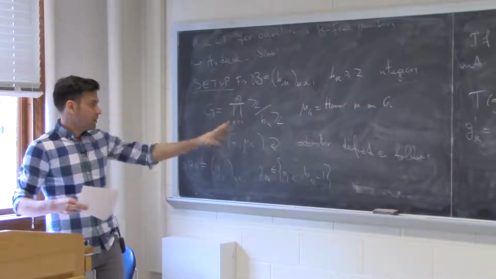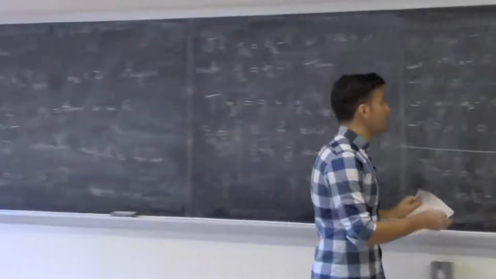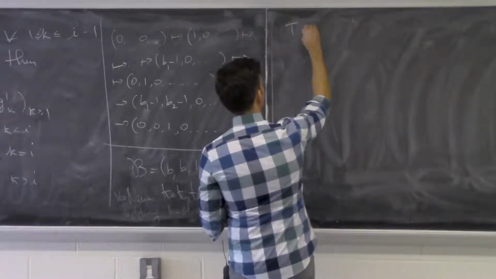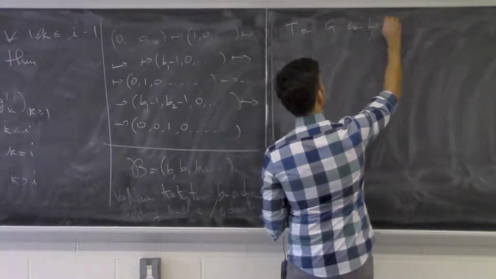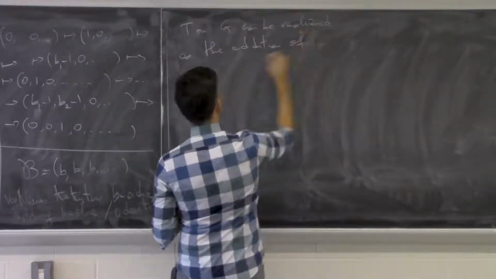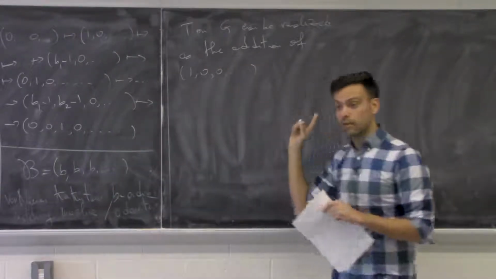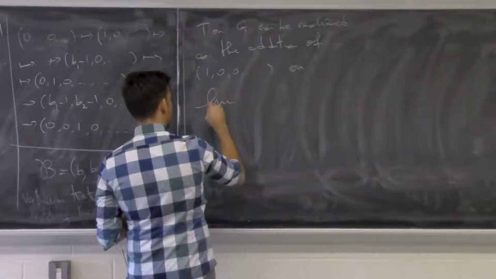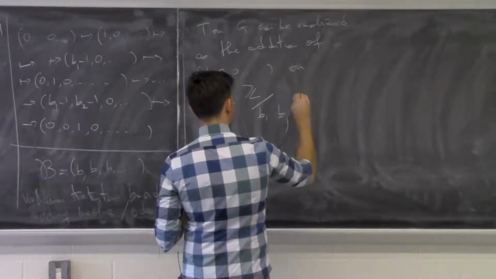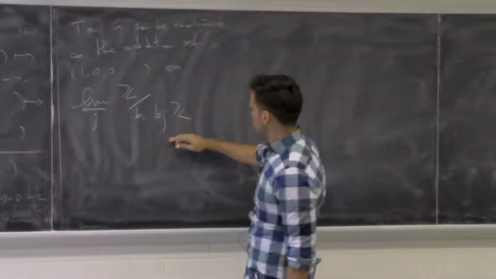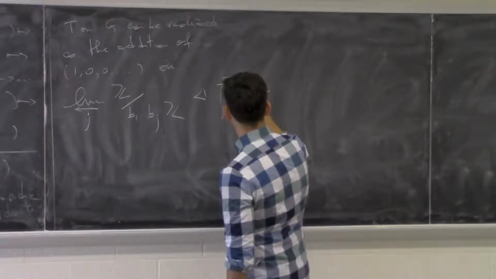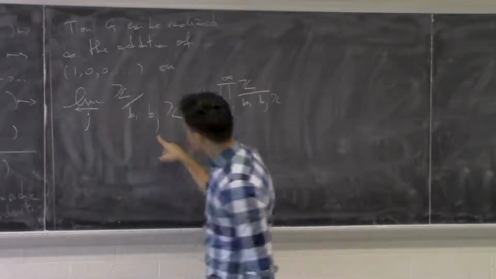Before I do that, I want to mention another couple of incarnations of this dynamical system. So another way: this dynamical system T on G can be realized as the addition of 1, 0, 0, 0 without the carry forward on the inverse limit, let's say of Z mod B1...Bj Z. Elements in here are a subgroup of the product over j from 1 to infinity of Z mod B1...Bj Z, but sequences here have constraints.